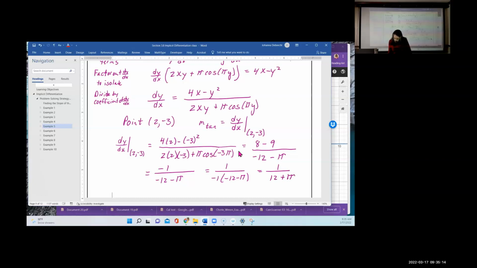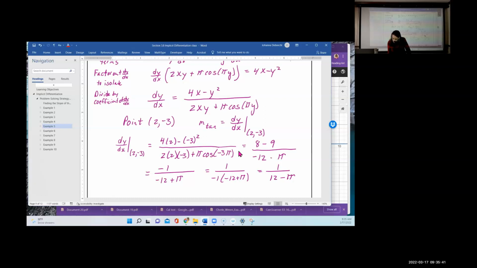Unless I messed up a sign somewhere. Did I mess up a sign somewhere? Oh, this should be a plus. That's what's wrong. And so this one is a minus. I think it was a negative because it was -1.